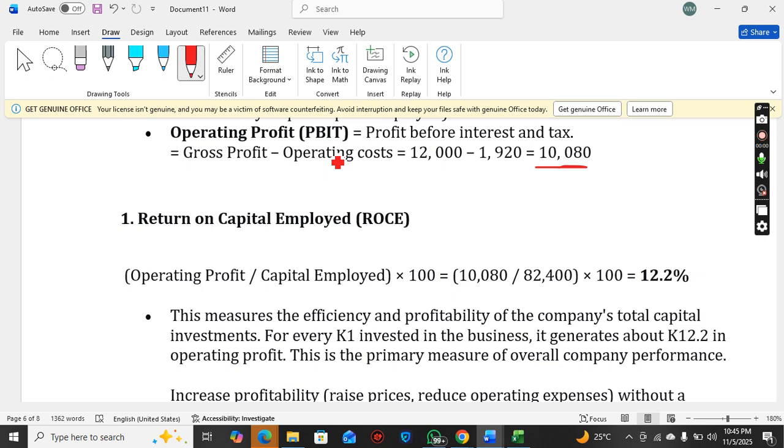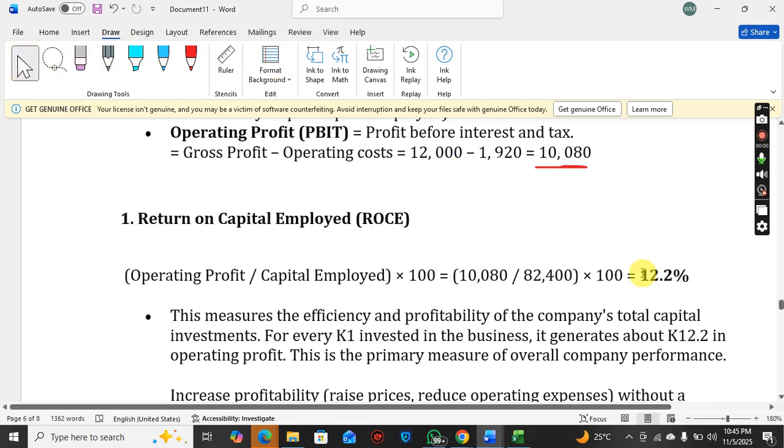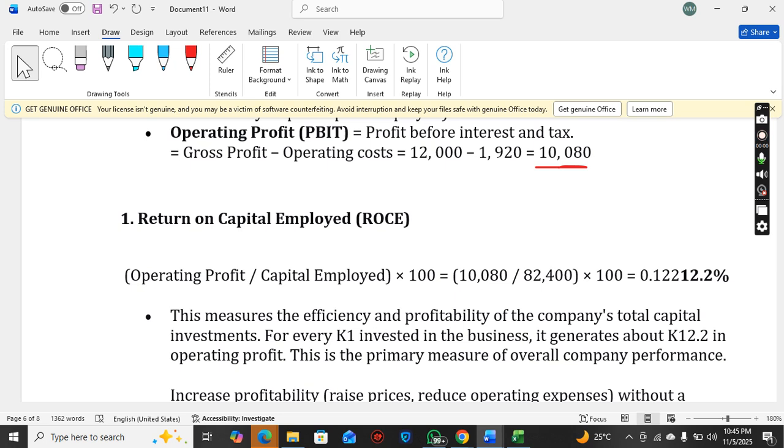Just make sure my figures were correct, so that people who are used to just guessing answers don't write the wrong answer. Yes, we get 0.122, which is 12%, 12.2%.